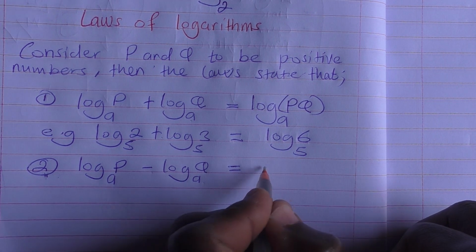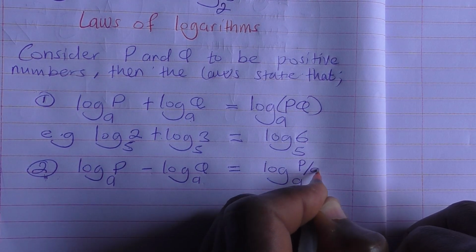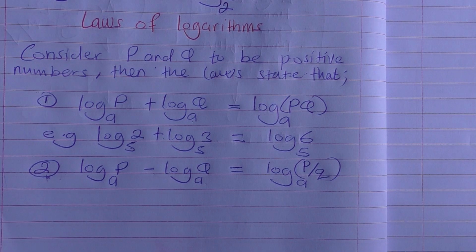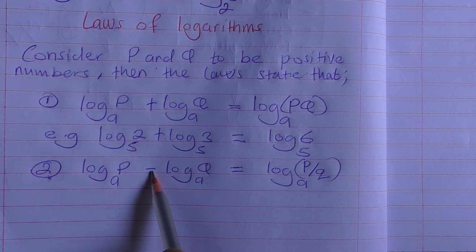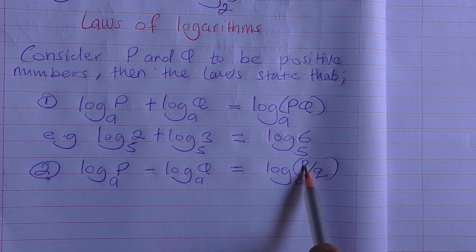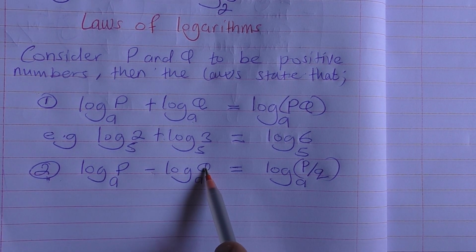Therefore, we shall have log a p over q. So that implies that when we are subtracting logarithms of the same bases, we divide the powers. The first one divided by the second one.